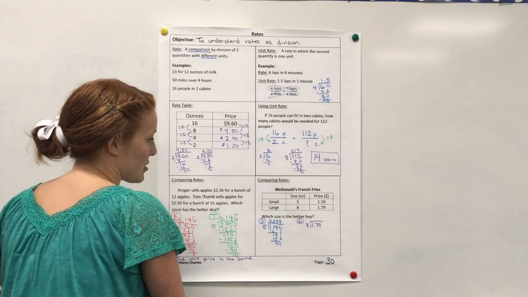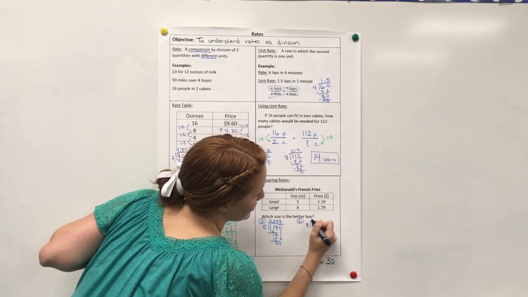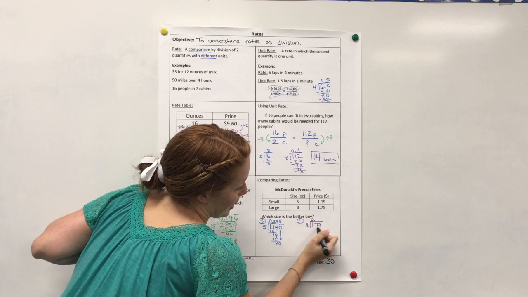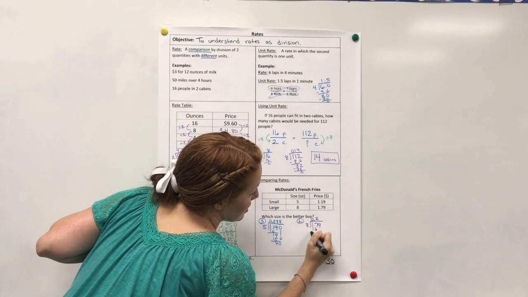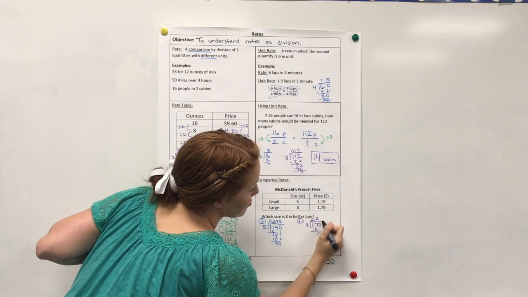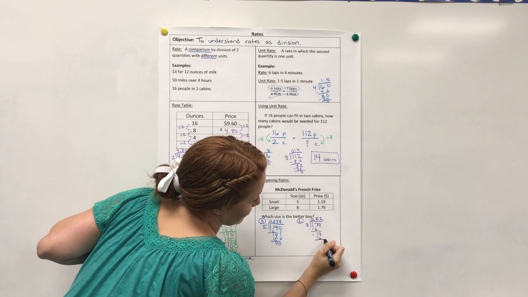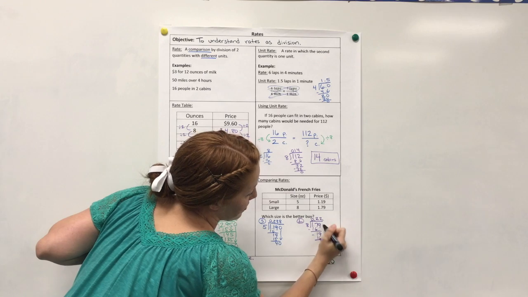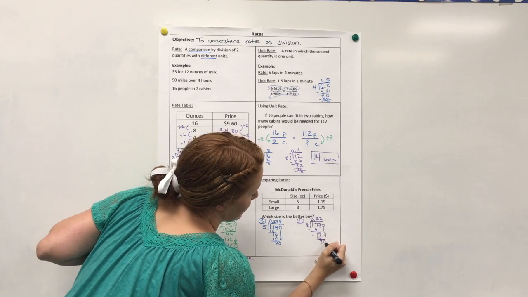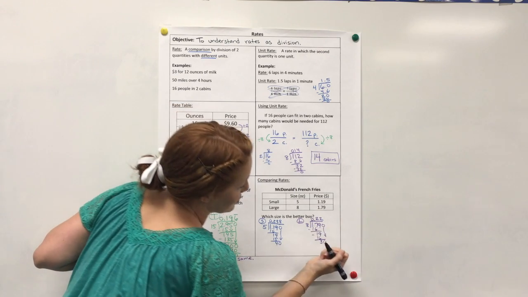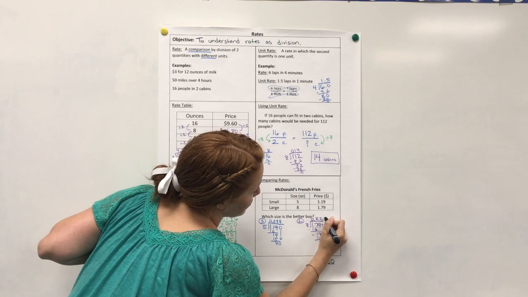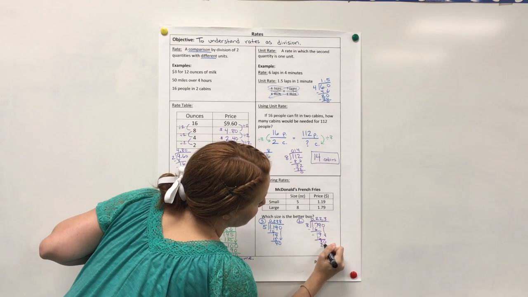Okay, now let's see for the large fry. That goes in twice, which is 16. That goes in twice, which is 16. And then let's go to one more spot, even though I can compare them already, but just in case. That's going to go in 3 times, which is 24.